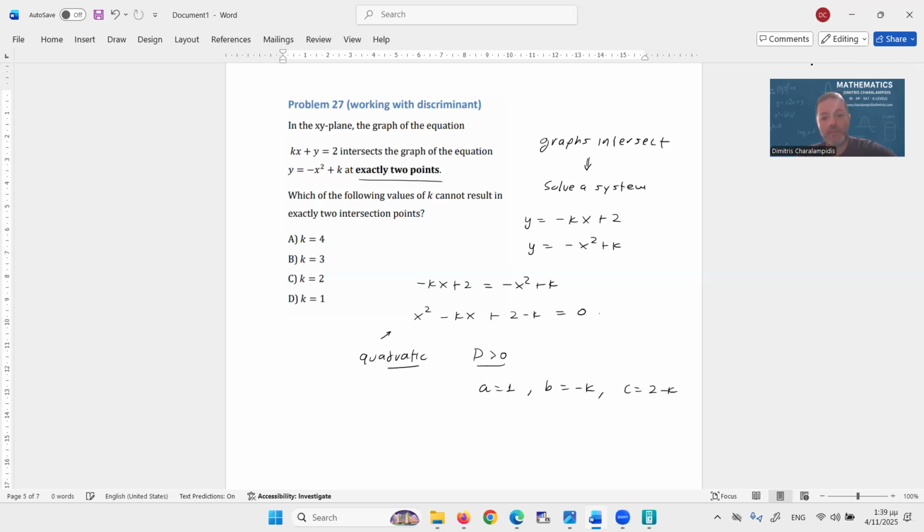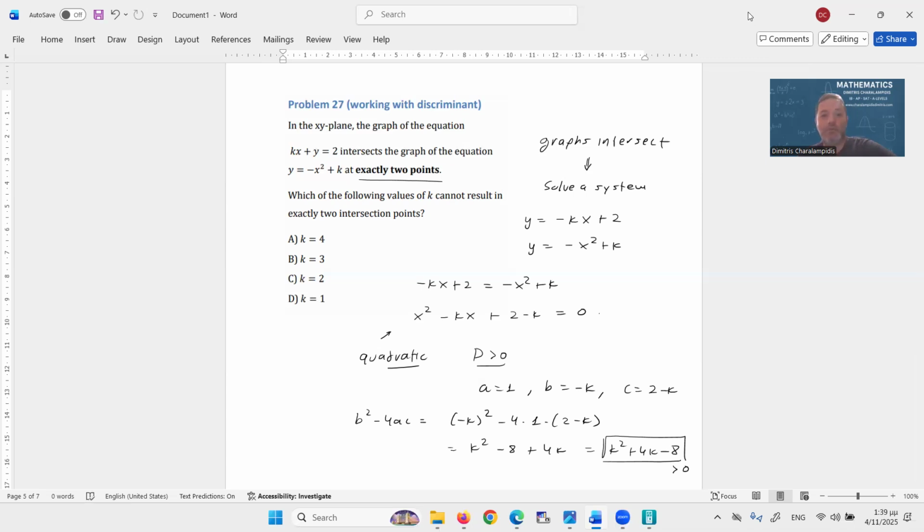So the discriminant is b squared minus 4ac, which is minus k squared minus 4 times 1 times 2 minus k. So it's k squared minus 8 plus 4k, which is k squared plus 4k minus 8. And we want this to be greater than 0.